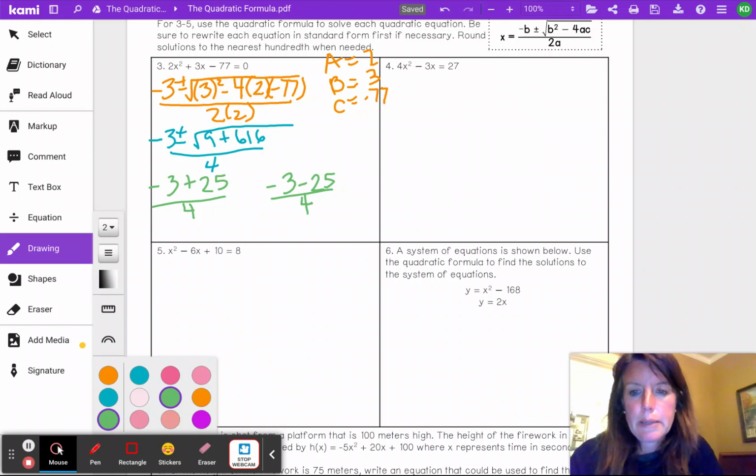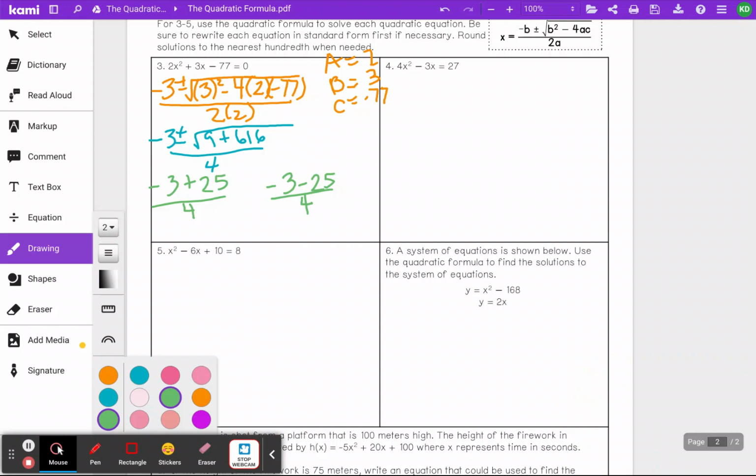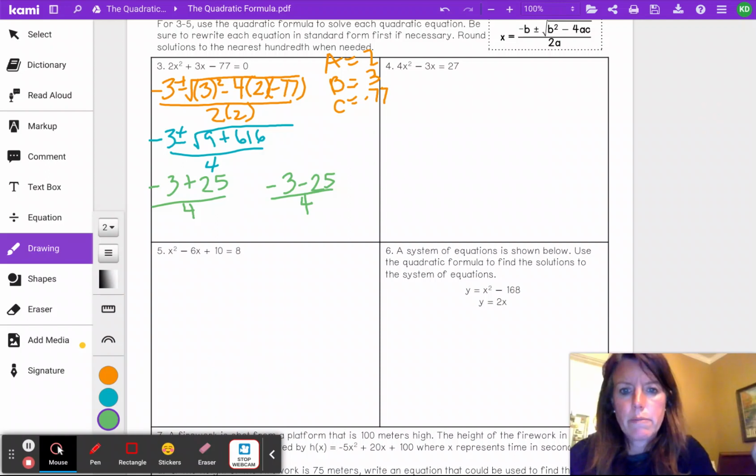All right, negative 3 plus 25, that is, did I do something wrong? No, this is right. Yeah, it's just a decimal. I just want to make sure.